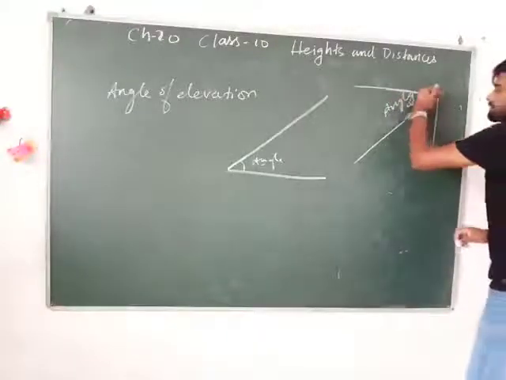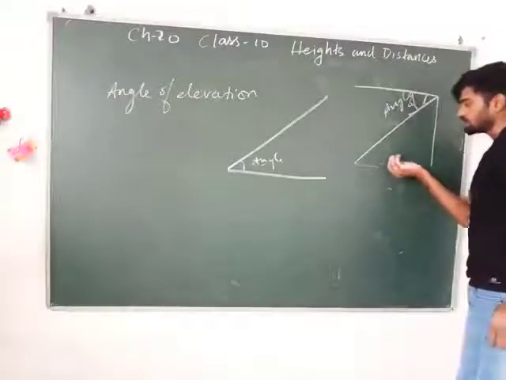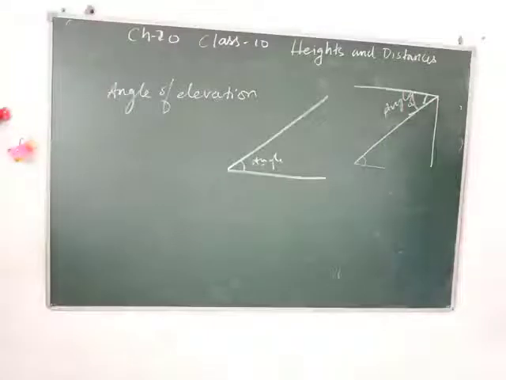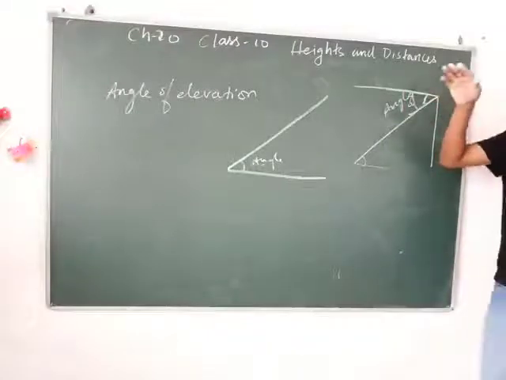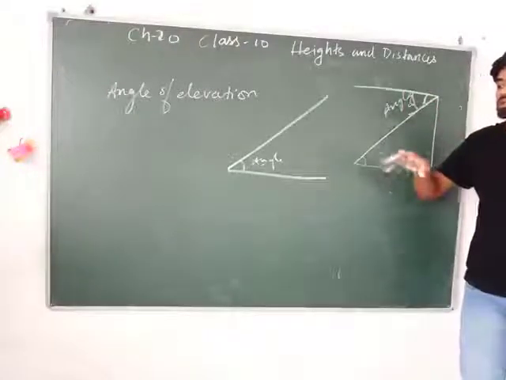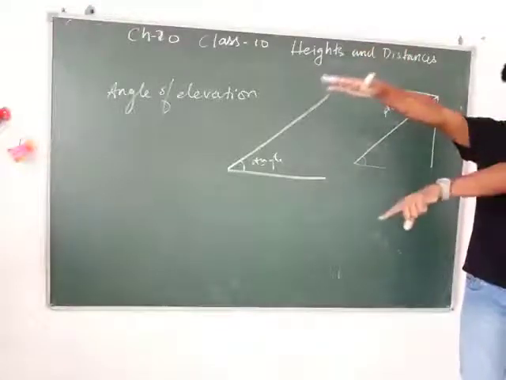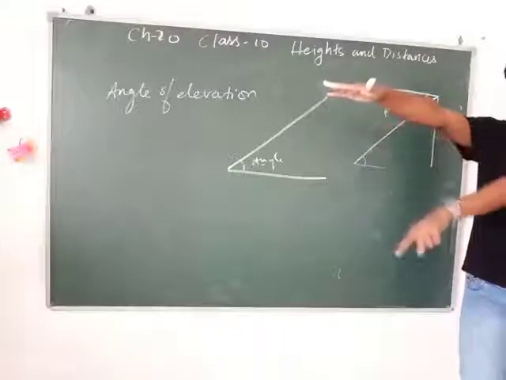So if this is the angle of depression, then this angle will also be the same. Why? Because you know it is alternate interior angles. Can you guys see? So basically angle of depression is when I am looking down. What's the angle being formed between the horizontal line and where I am looking at? That is called angle of depression.